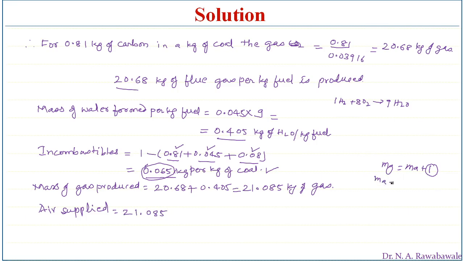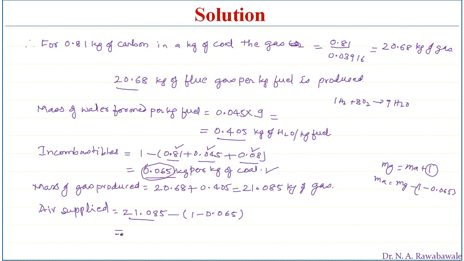Mass of air is equal to the mass of gas minus 1 minus 0.065.